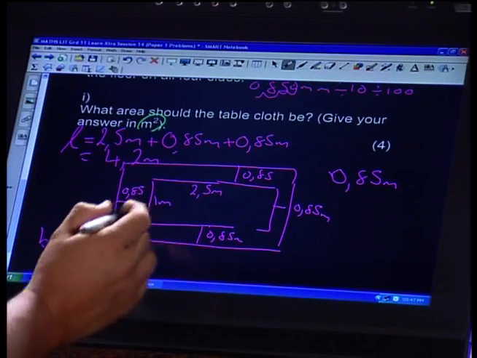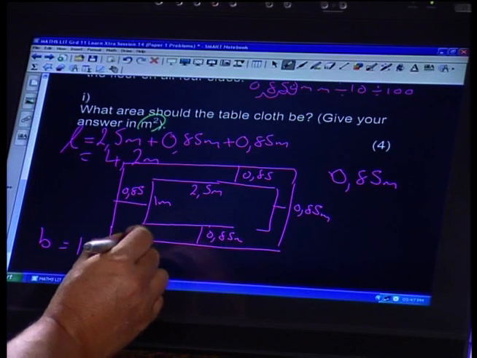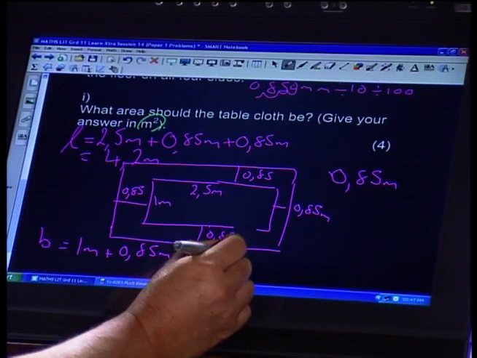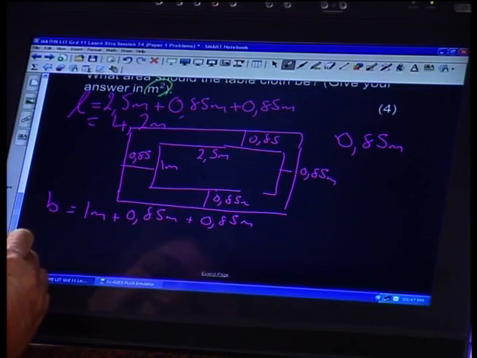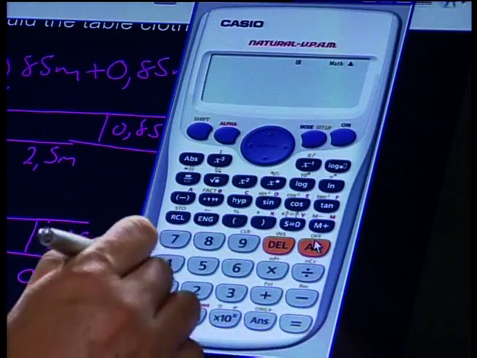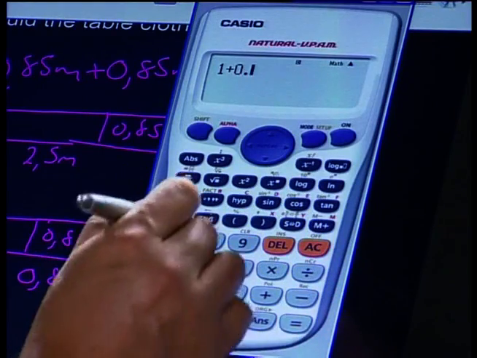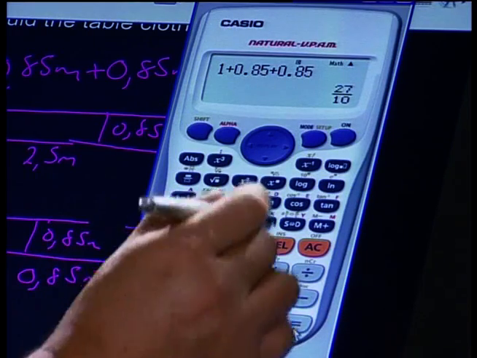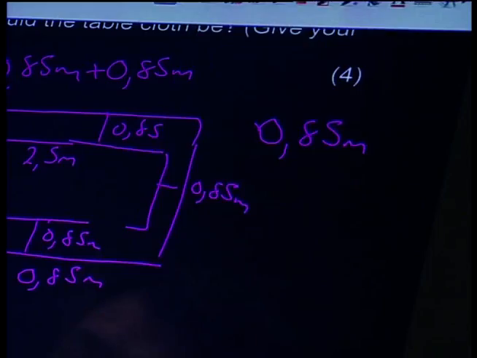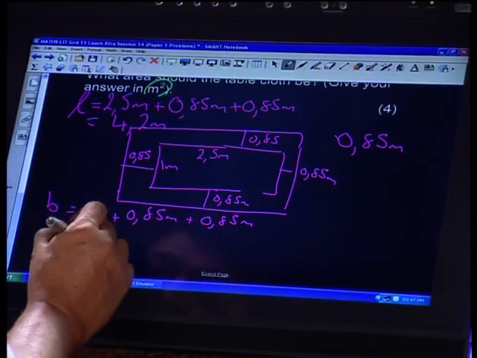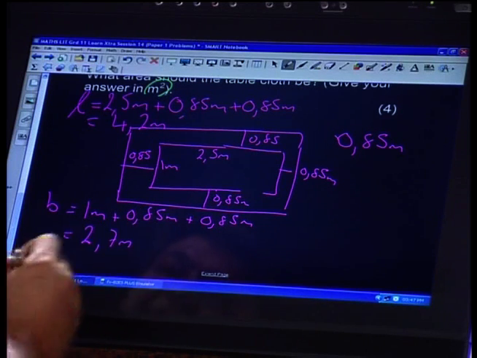So the total breadth is the 1 meter plus 0.85 meters plus 0.85 meters. 1 plus 0.85 plus 0.85 equals, and my answer is 2,7 meters. So we have our length, we have our breadth.